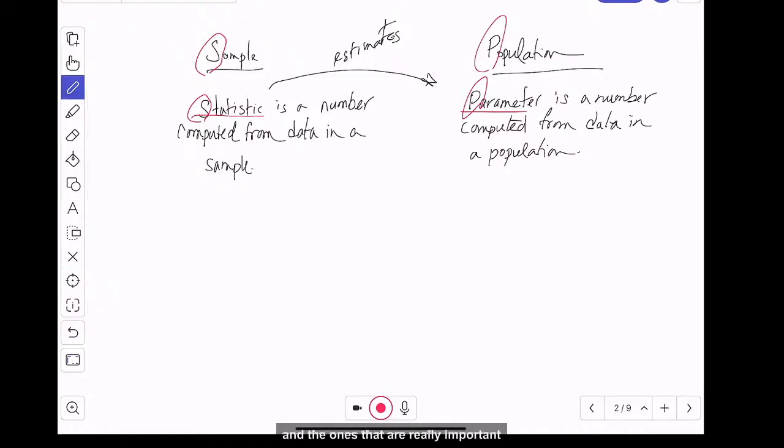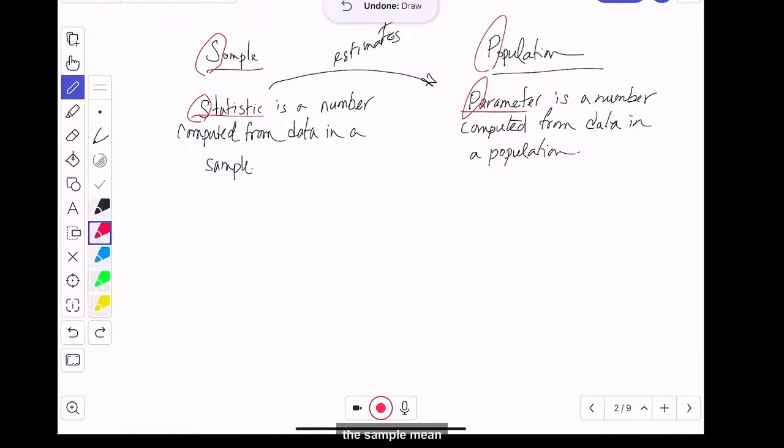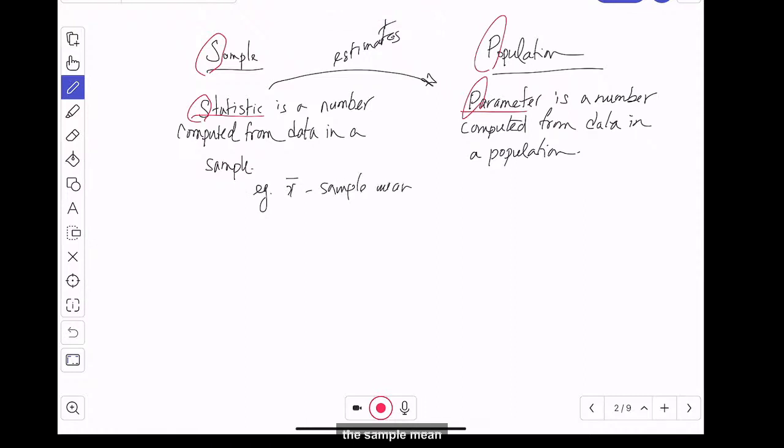There's a variety of different kinds of statistics, and the ones that are really important to us are the sample mean, which aims to estimate mu, the population mean.